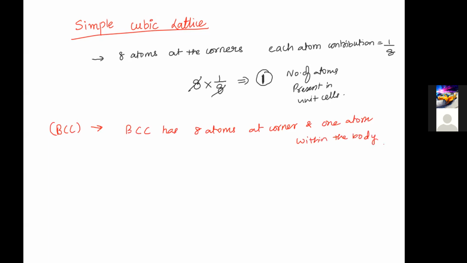So what is the contribution now? The number of atoms will be the 8 atoms at the corners, which give 1, and also the 1 at the body center. So the contribution is 1 plus 1, 2 atoms. This is for BCC.